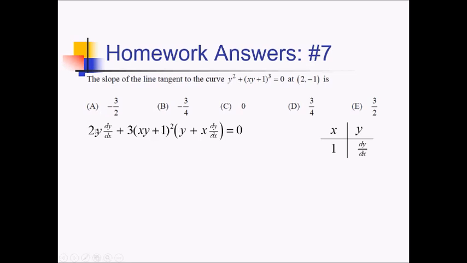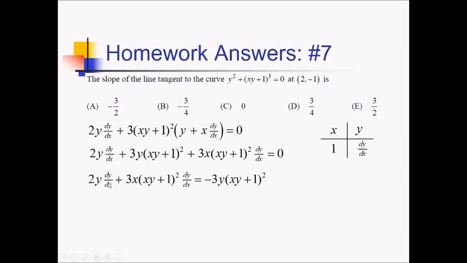Really only one thing I have to do there, which is subtract this 3y(xy + 1)². Now everything on the left has a dy/dx, so I can factor out the dy/dx, leaving me with 2y + 3x(xy + 1)². And I'm going to divide the whole thing on the right side by all this stuff in the parentheses on the left side. So all this coming down here.